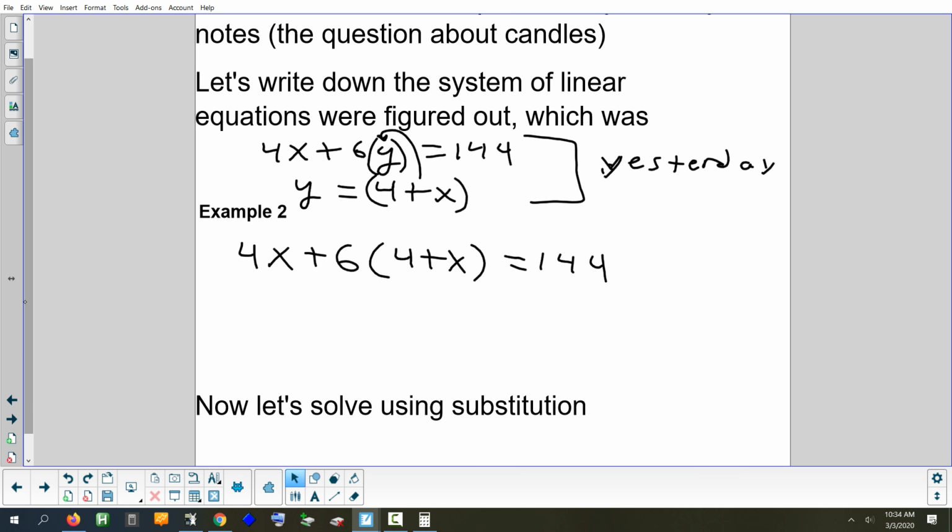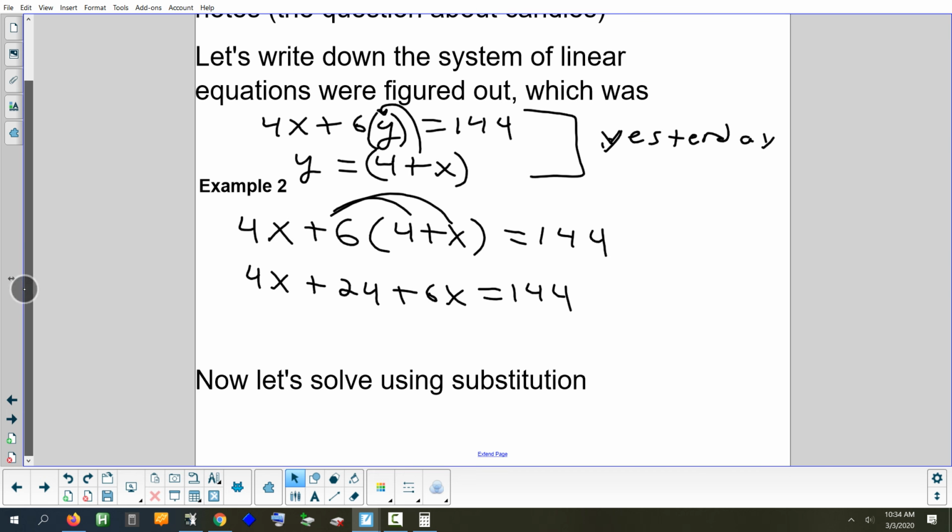144 is kind of big, so we might need a calculator. John, what's my first step to solve that? Yep. And how about Tristan? 6 times 4? 24. And how about Joe? 6 times x? 6x.